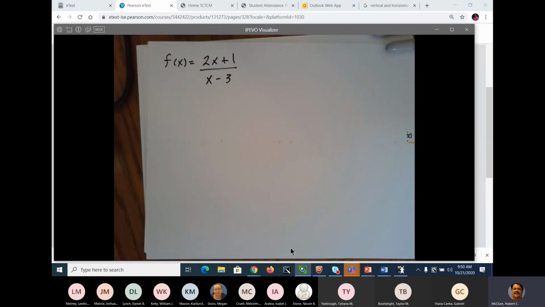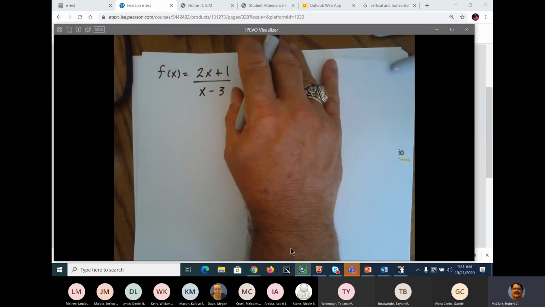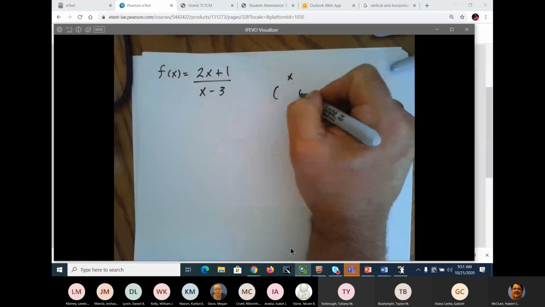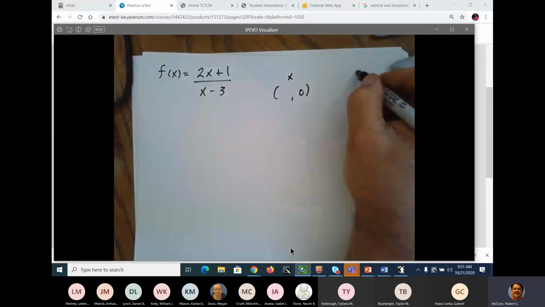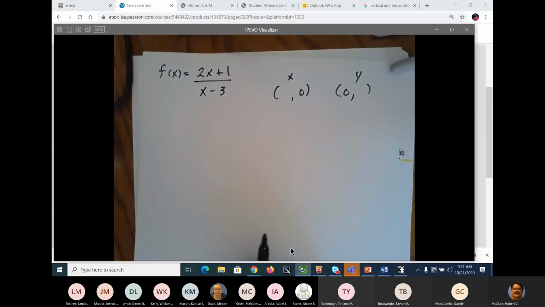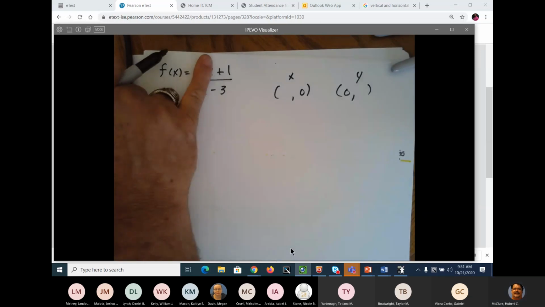When you want to do the x-intercept, you plug in 0 for what? For y. When you want to do the y-intercept, you plug in 0 for x. So I'm going to plug in 0 for x. What do I get? I just plugged in 0 for x. What do I get? Negative 1/3. Thank you.